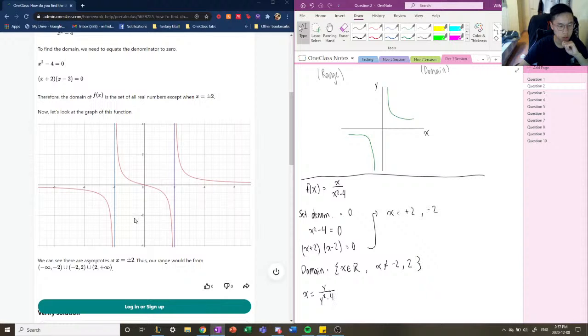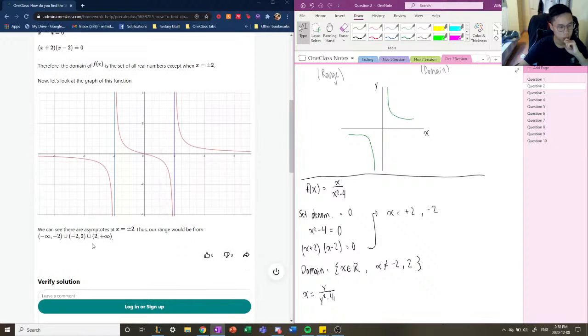So in fact, the range would just be -infinity to positive infinity. Our asymptotes are x equals positive and negative 2. Thus, our range will be from -infinity to -2.